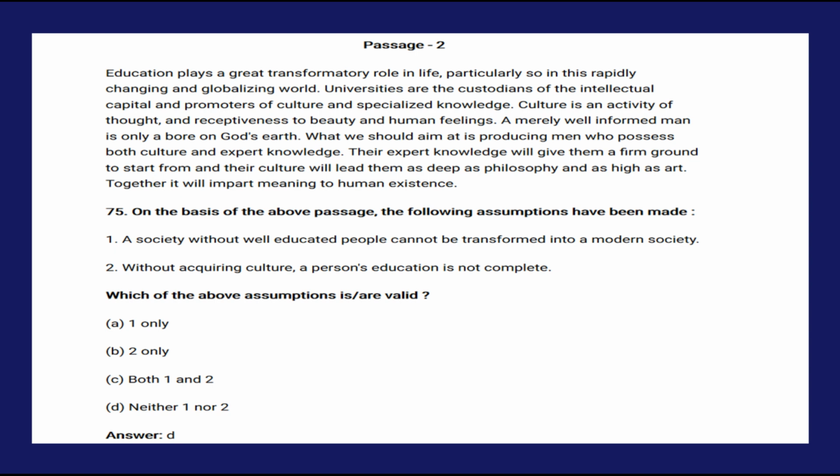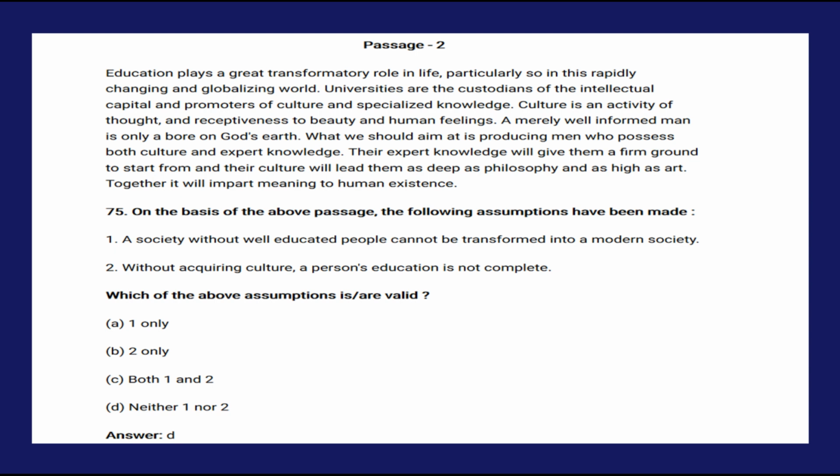A merely well informed man is only a bore on God's earth. What we should aim at is producing men who possess both culture and expert knowledge. Their expert knowledge will give them a firm ground to start from, and their culture will lead them as deep as philosophy, as high as art. Together, it will impart meaning to human existence.